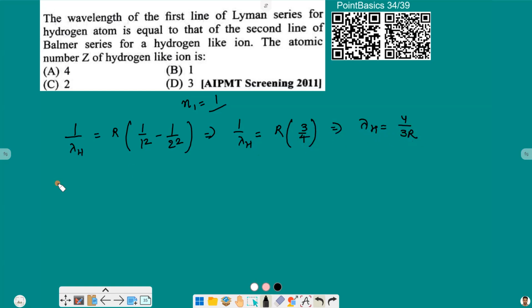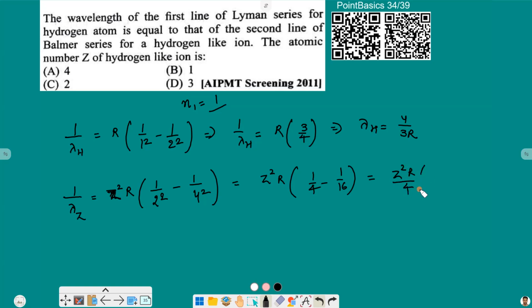Now for the hydrogen-like element, suppose that is 1 by lambda z, and it will be equal to Z square times R. And this is regarding the second line of Balmer. So for Balmer, n1 is 2, so 1 by 2 square, and that is also the second line, so third, fourth level, and this will give us Z square R times (1 by 4 minus 1 by 16). We can take 4 common, so that will be Z square R divided by 4, and we will have 3 by 4.